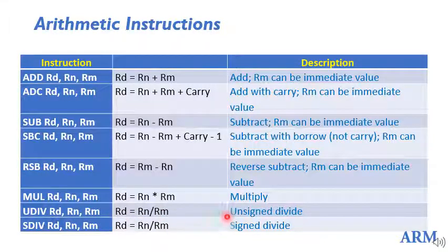Sorry, UDIV is for unsigned divide, and the same thing will be performed for a signed divide. For that the mnemonic is SDIV. So here also Rn divided by Rm is performed and the quotient will be in Rd, but this is for the signed divide operation.